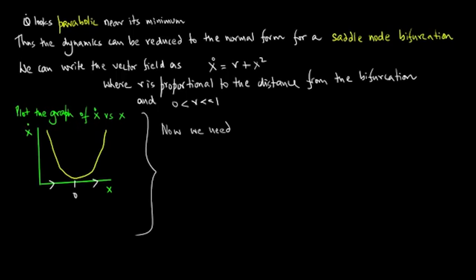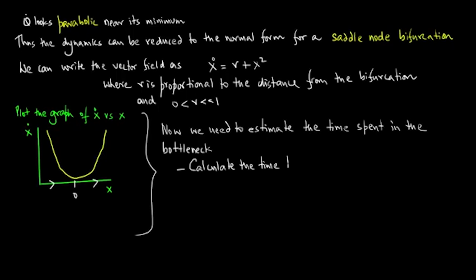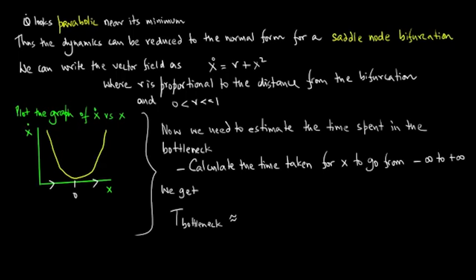Now we need to estimate the time spent in the bottleneck, i.e. calculate the time taken for x to go from minus infinity to plus infinity. So we get that T bottleneck is approximately the integral from minus infinity to infinity of dx divided by r plus x squared, which turns out to be pi divided by the square root of r.